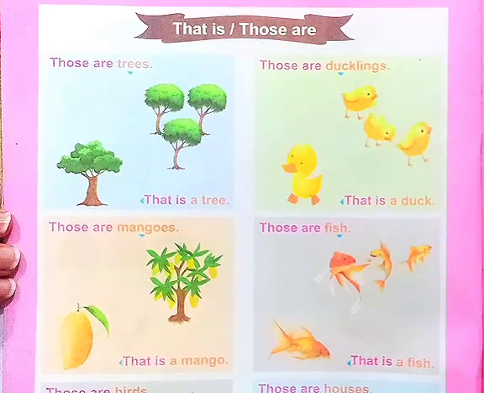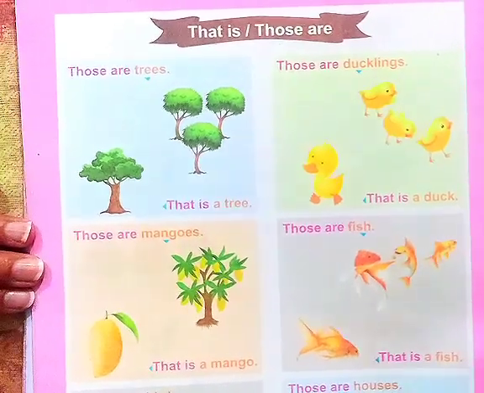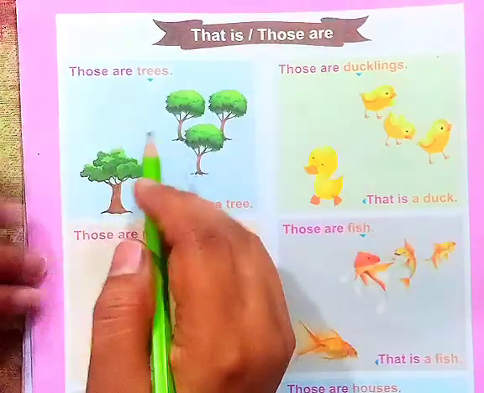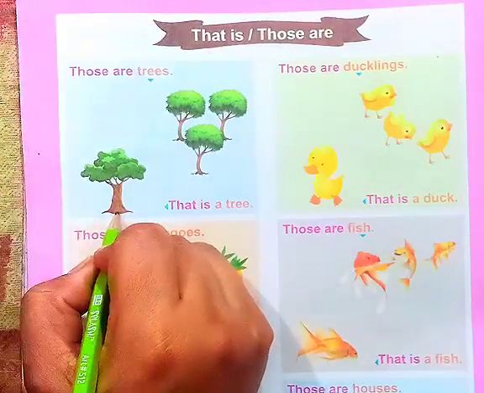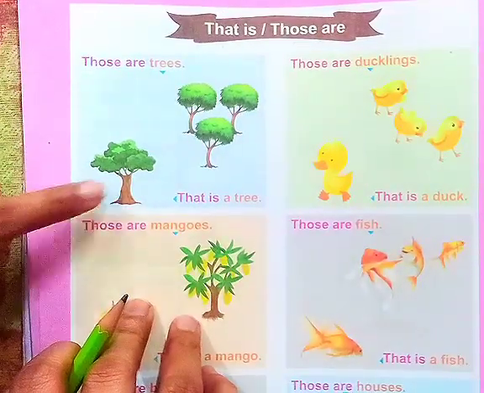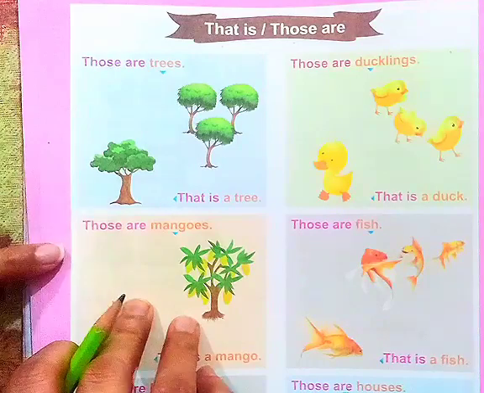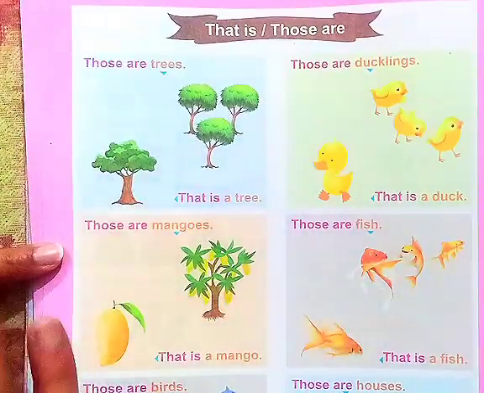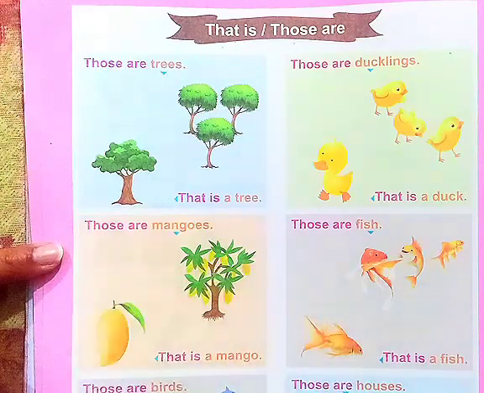Now let's have a look at this example to understand it more easily. We have a tree. Just for example, just suppose that this tree is far away from us. I mean, this tree is not near to us or not near to me.